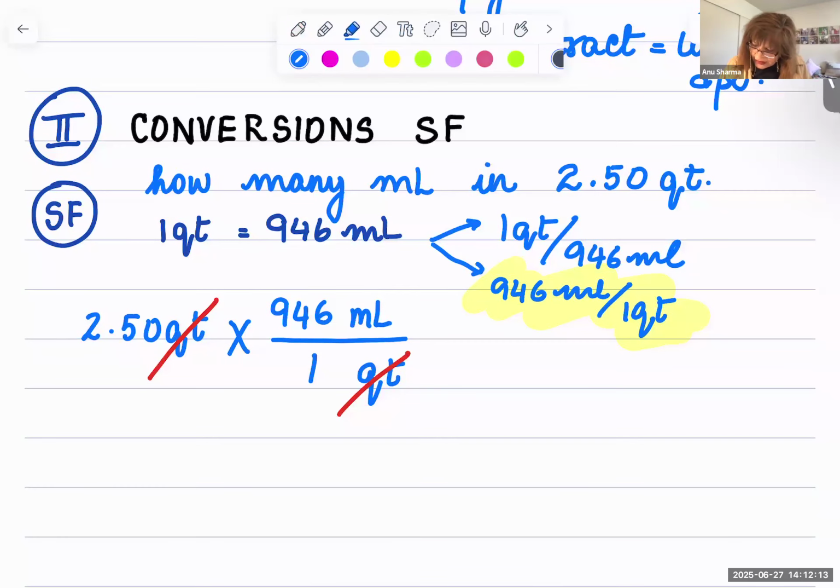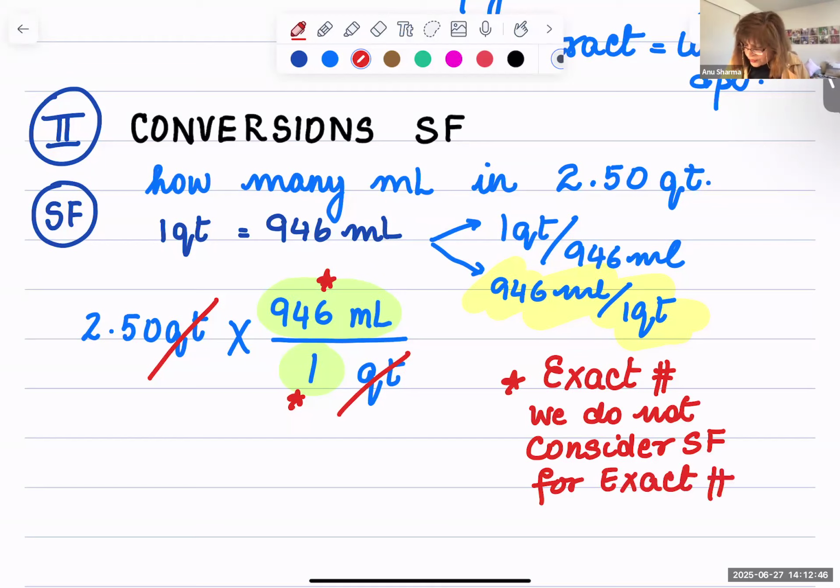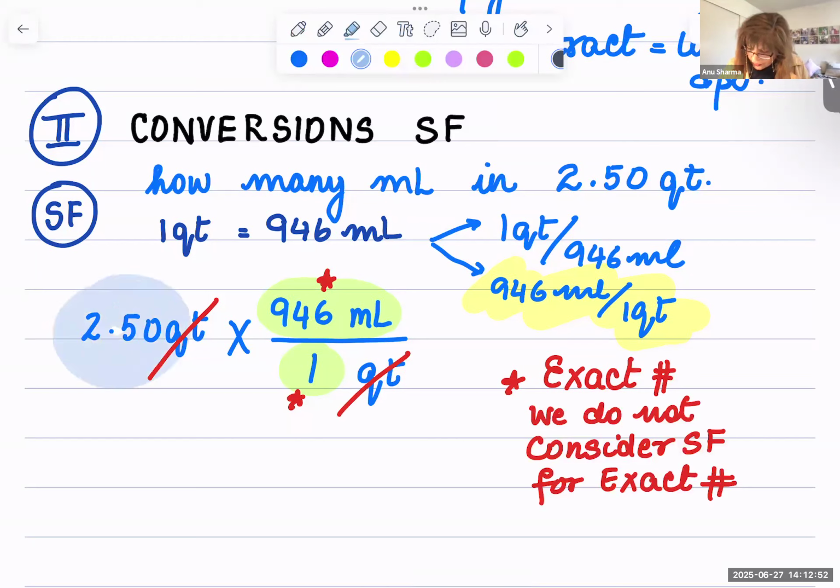Now remember that this part right here, these are exact numbers, and for exact numbers we do not consider the significant figures. So your final answer will only have the significant figures based on 2.50, which means the final answer should only have two significant figures.